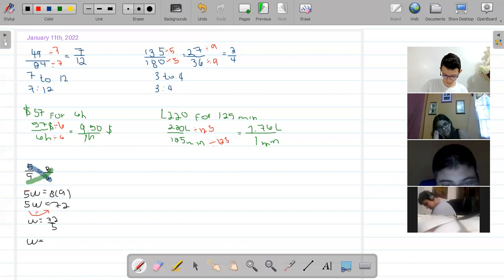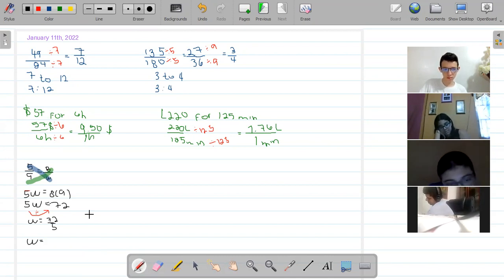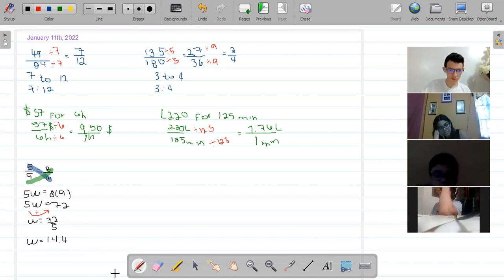How much is 72 divided by 5? 14.4, I think. 14.4, and that is your answer. And that is how we solve a proportion with the multiplication property of equality, or with the rule of 3. Either way, it's the same thing, using cross products.